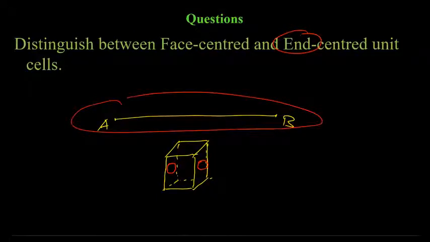Now these two faces can be any. These can be left, right, these can be top, bottom, or these can be front, back. But it is easier to show left and right, so that's why we normally show left and right. In diagrams, top and bottom are very common, because that is also very easy to show.